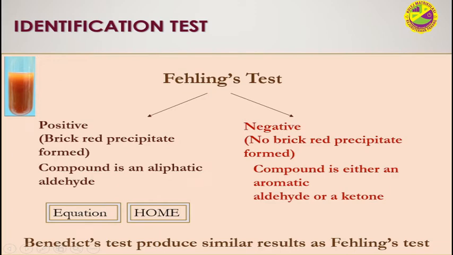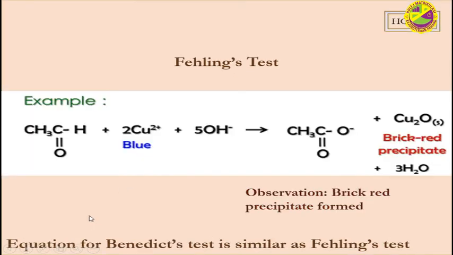If we look at the equation for Fehling test, the reagent for Fehling's test is Cu2 plus and OH minus. If we have an aliphatic aldehyde react with Fehling's reagent, we will get positive results, which means there is brick red precipitate form. The product, we just draw carbon double bond oxygen.